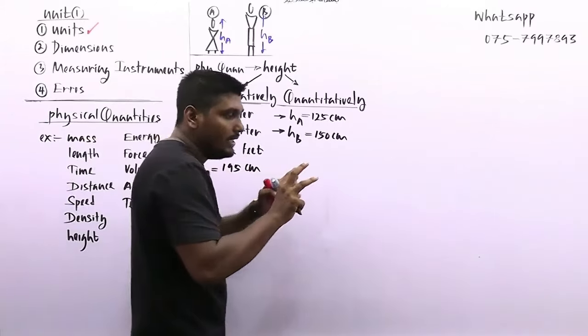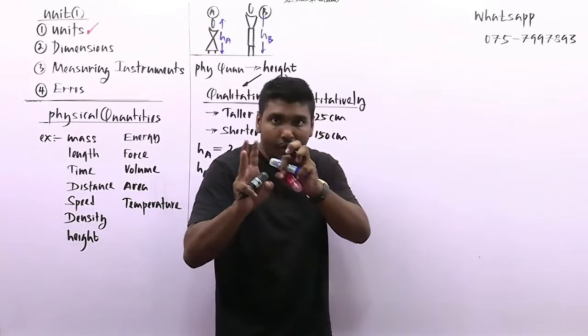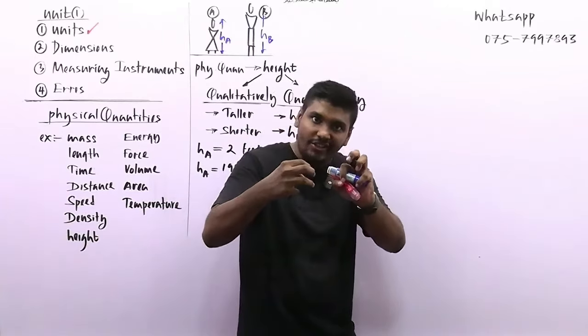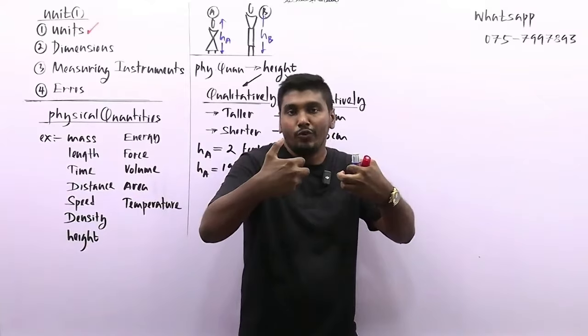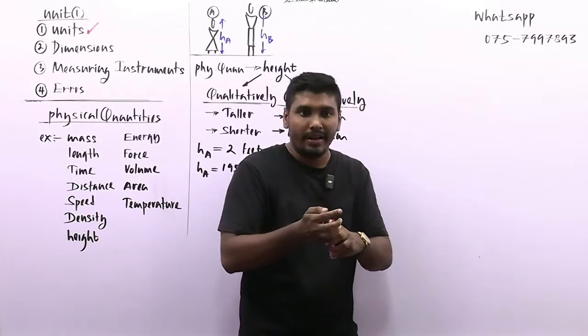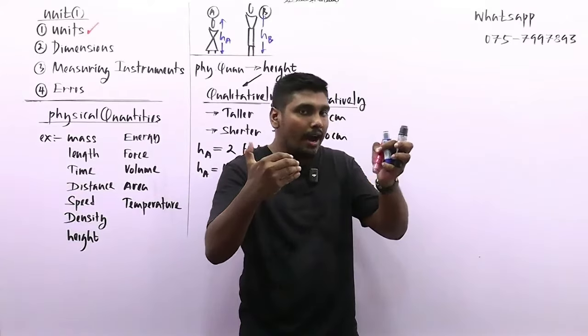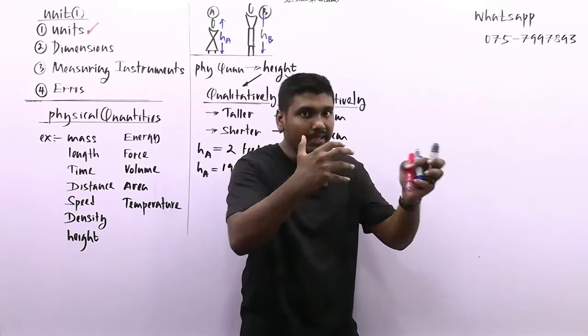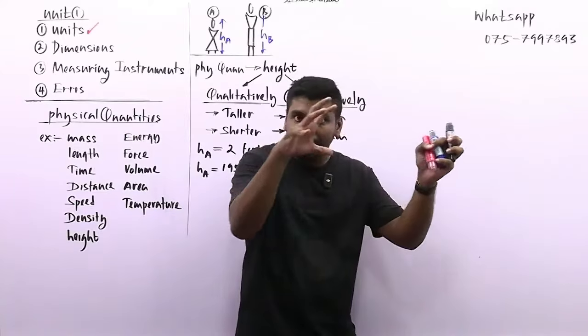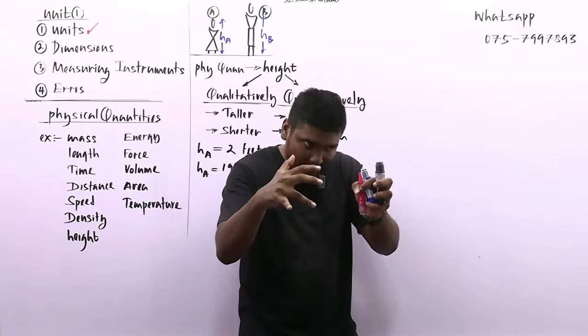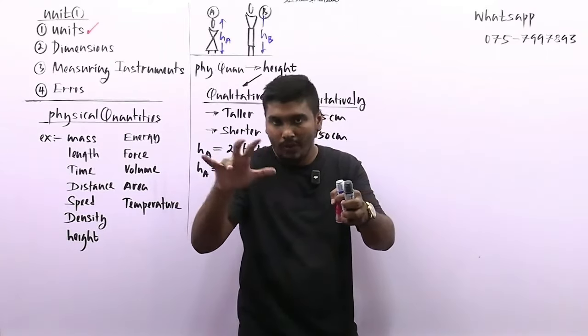Therefore, very clear, we require a unit system to measure any physical quantity. Then we can go to some history and talk about how they measured physical quantities earlier, what the problems were, and what they have done. That story we'll talk about right now.